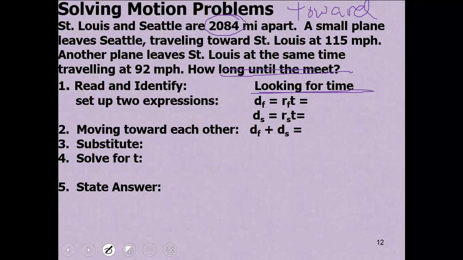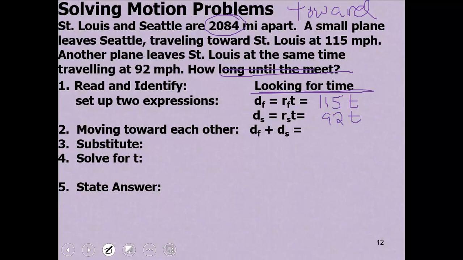So the rate of my faster vehicle is 115 times the time, 115T. The distance traveled of my slower vehicle is 92 miles per hour times time, so it's 92T.